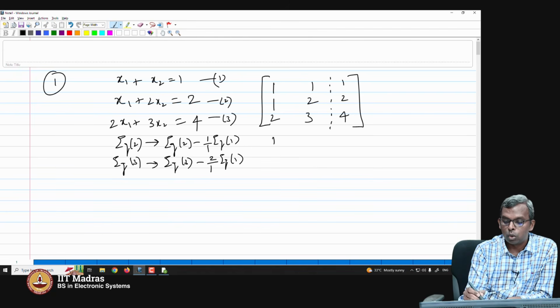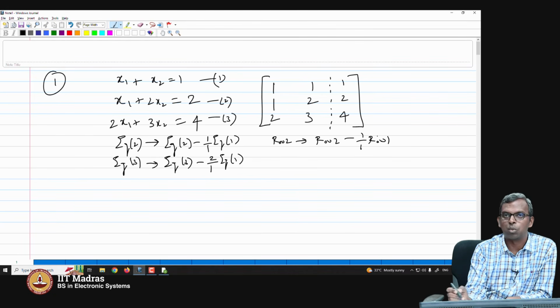Same way here, row 2 is going to get replaced with row 2 minus 1 by 1 row 1, just minus 1 times this, and then row 3 is going to get replaced with row 3 minus 2 by 1 times row 1. So this is what's going to happen in the elimination step.